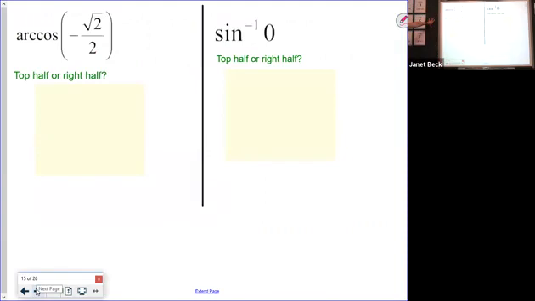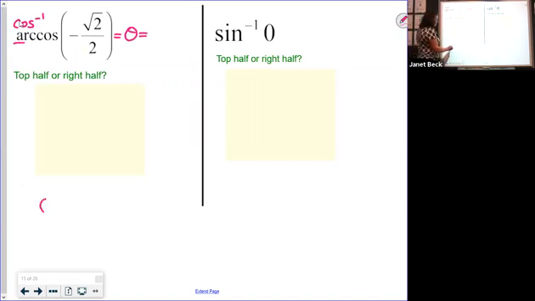Let's do arc cos of negative root 2 over 2. Remember, that's just another way of writing inverse cosine of that. And as soon as you see this, you know your answer is an angle. You just have to say, will my angle lie in the top half or the right half of the circle?